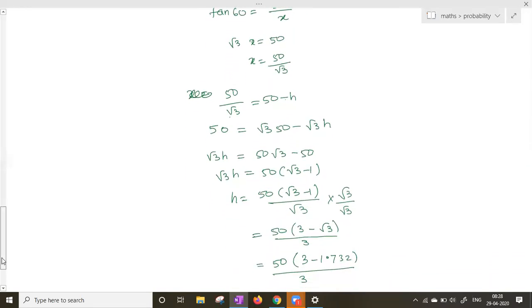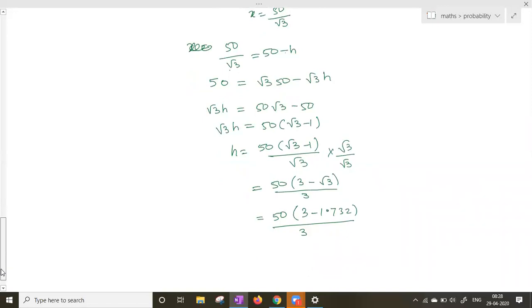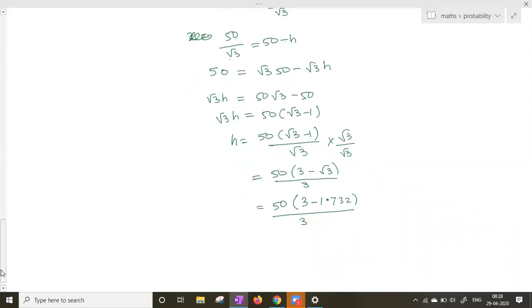Yes, find out that value. No, ma'am, that step is correct. 63 divided by 3 is 21.13.